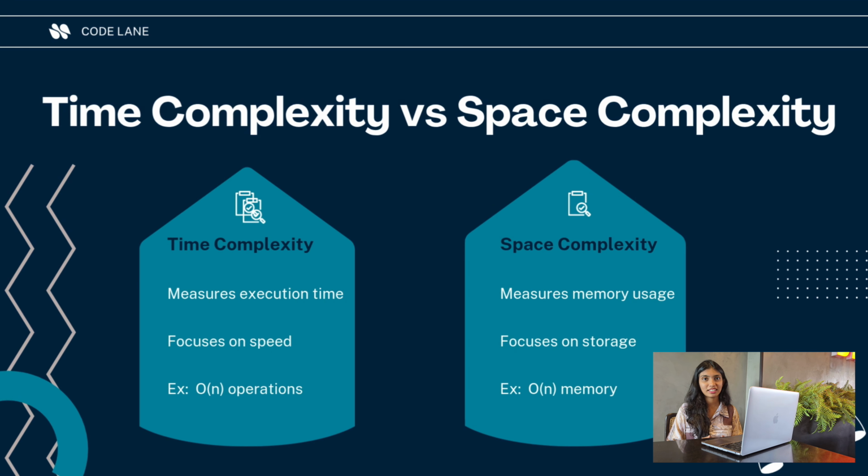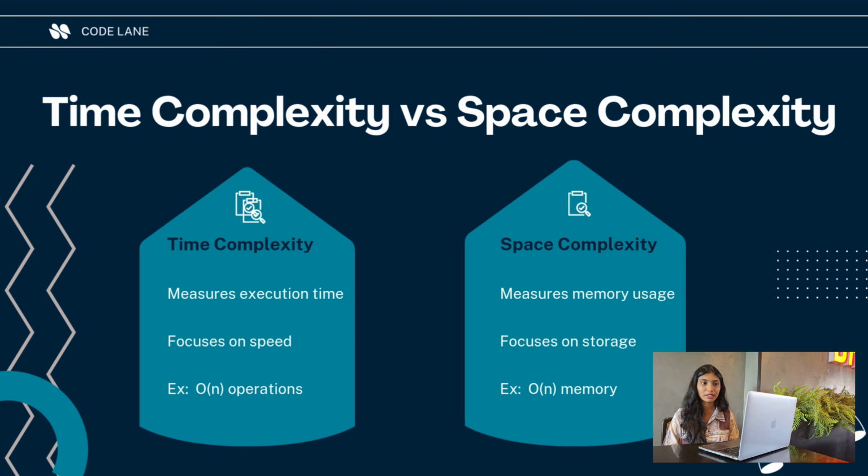Now let's see what time complexity and space complexity are. Time complexity measures how long an algorithm takes to execute. In other words, it focuses on speed. Space complexity measures how much memory an algorithm consumes. It focuses on storage requirements.